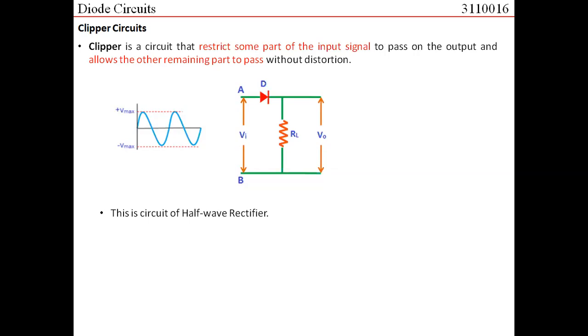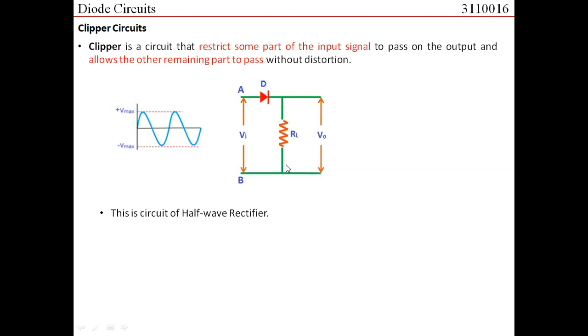The voltage at the secondary of the transformer is Vm sin omega t. So if I say that this is the input voltage which we are giving to this circuit, then this is something similar to Vm sin omega t, right? So with this diode and with this RL, if the sinusoidal input is given between A and B, this is basically the circuit of a half wave rectifier.